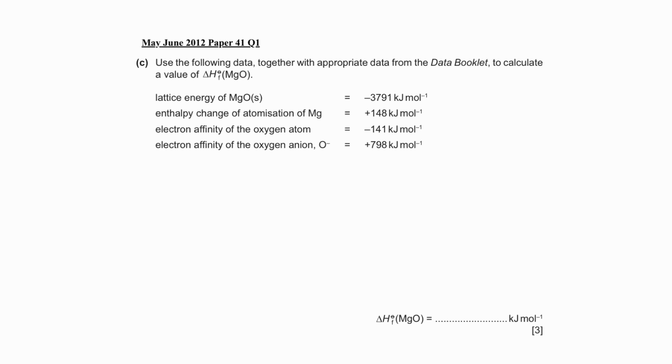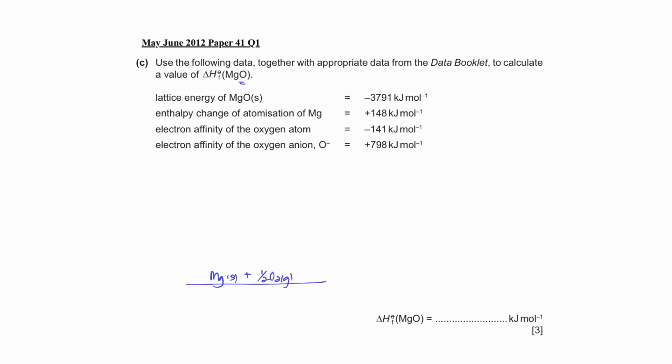To construct a Born-Haber cycle, we could start with the elements to form magnesium oxide. So we have magnesium solid plus half O2 gas, because we just need one oxygen.